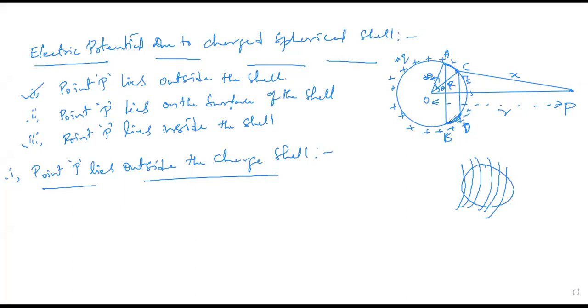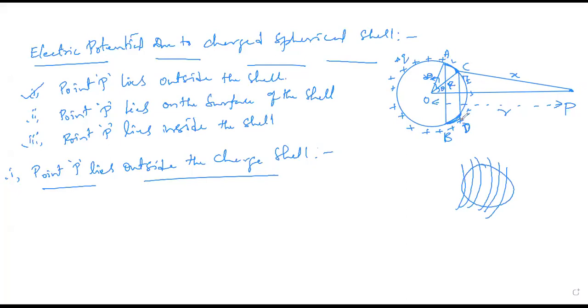Because it's a spherical shell, this ring ABCD is taken between two different planes. AB will be on one side and CD on the other side, so ABCD is between the two planes AB and CD.